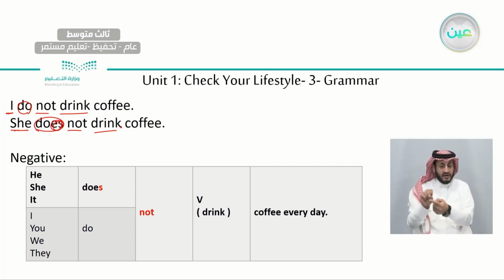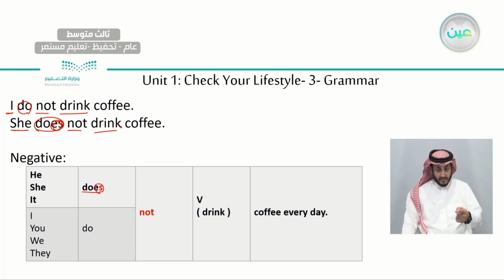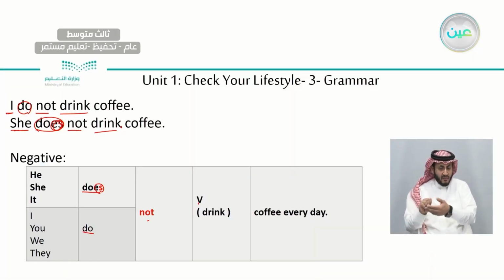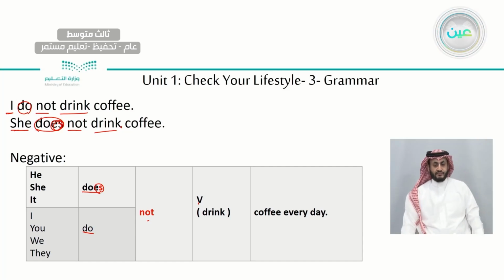She does not drink coffee. Okay? So with the negative, he, she, it, we have does, not do. I, you, we, and they, we have do. And we add not and also only the verb infinitive. We don't add s to it. For example, he does not drink coffee every day. She does not drink coffee every day. I do not drink coffee every day. Okay?